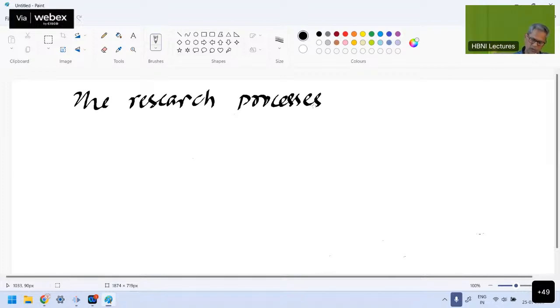This is the backbone of research methodology. As I told you, these steps are the backbone of research, and you should follow each step clearly. They are the heart of all this research methodology study.